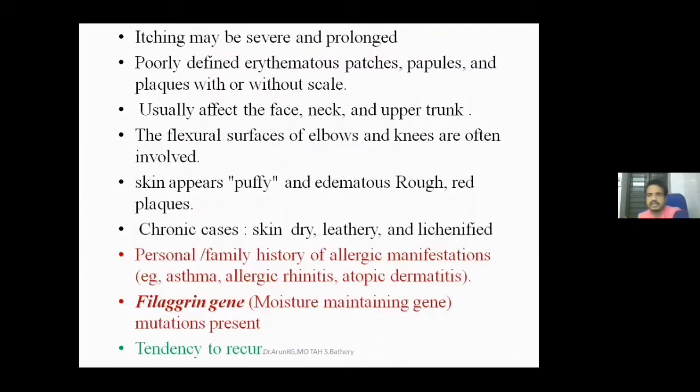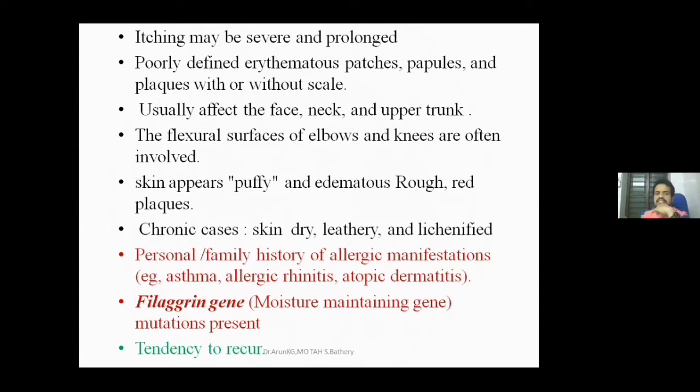Here along with that disease feature, there will be a family allergic manifestation history, atopic history, and tendency to recur. Actually, in those having atopic dermatitis, some genetic problems are already there.